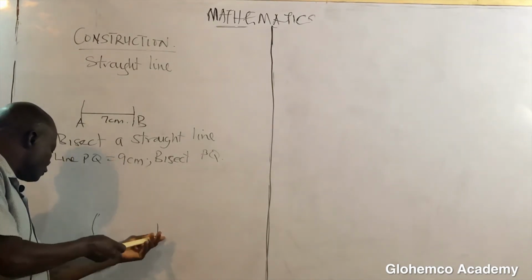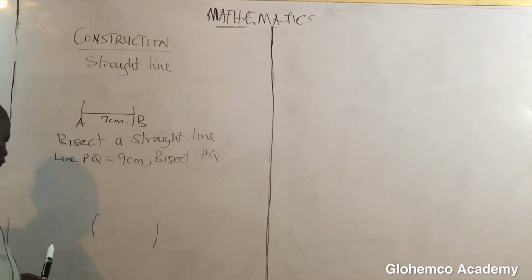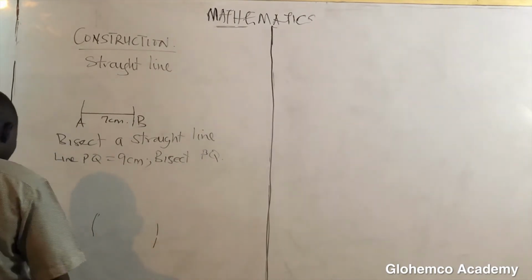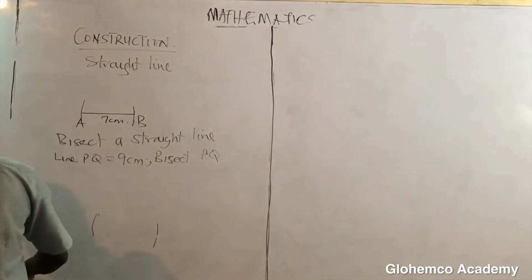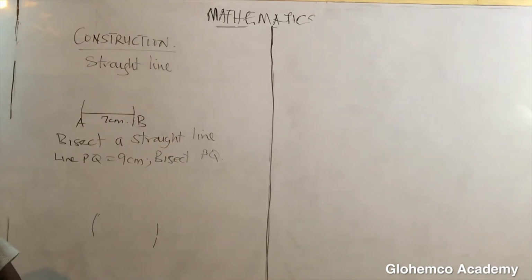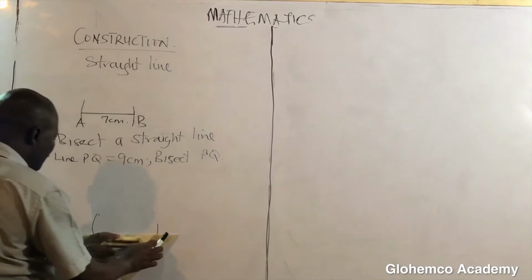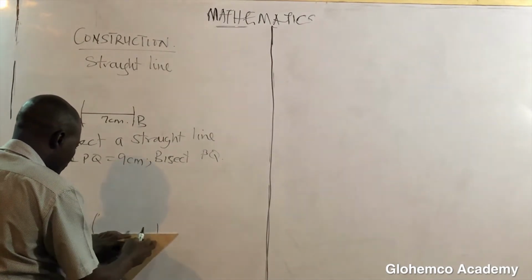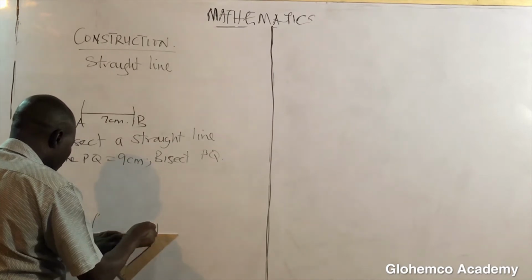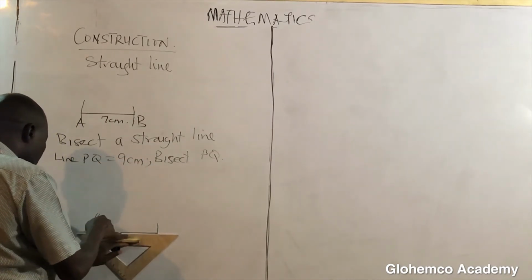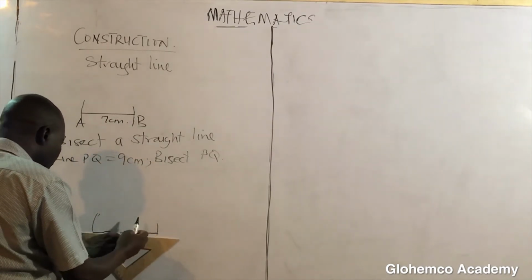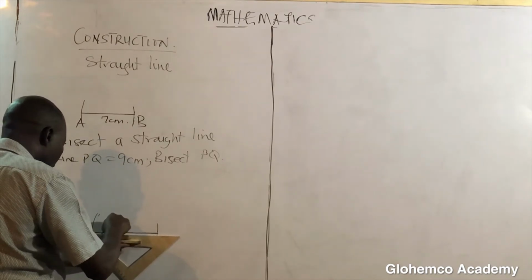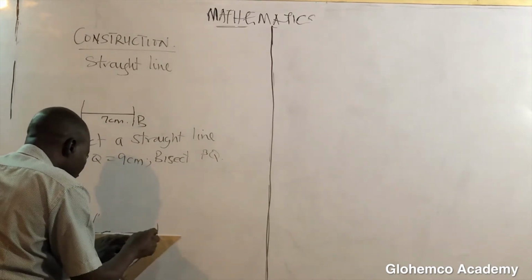Now, once you have it that way, you have to join the line PQ first. Join the line together this way with your pencil. Then you have something like this.